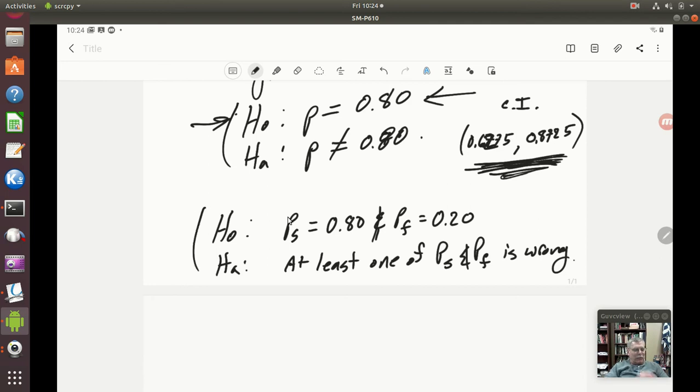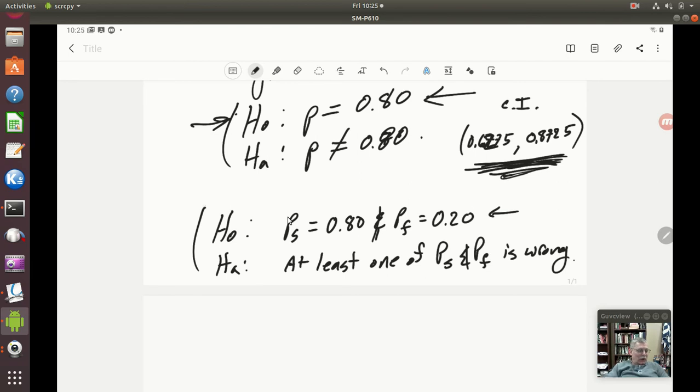Because if my probability of success is 0.8, then my probability of failure had to be 0.2. And if the probability of success is not 0.8, then at least one of them is wrong. Actually both will be wrong, but typically the way it's said is at least one is wrong.